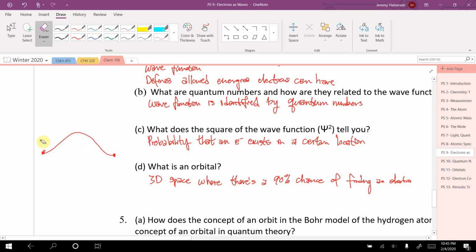So if I wanted to say, based on this graph, 90% of the heights fall within those two things. Okay, we're going to do the same thing, but in 3D with our psi squared. I'm going to say 90% of the time, the electron's going to be in this region. We put a boundary layer around that 90%, and we call that an orbital.